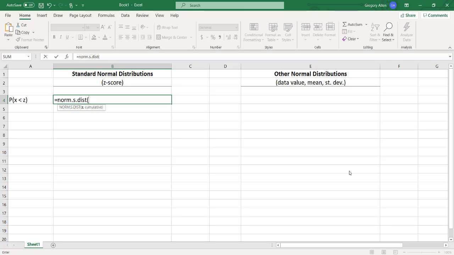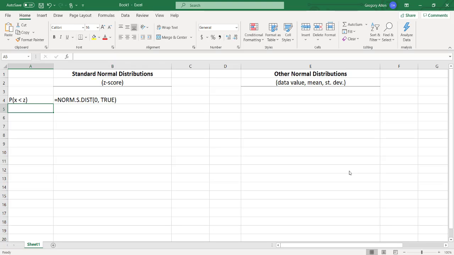It wants my z-score. I'm going to give it 0. And when you're looking for probabilities, like what you're calculating in a standard introductory statistics class, this cumulative value is always going to be true. True says I want you to add up, that's the cumulative part, all of the values below my z-score. So there's my formula.